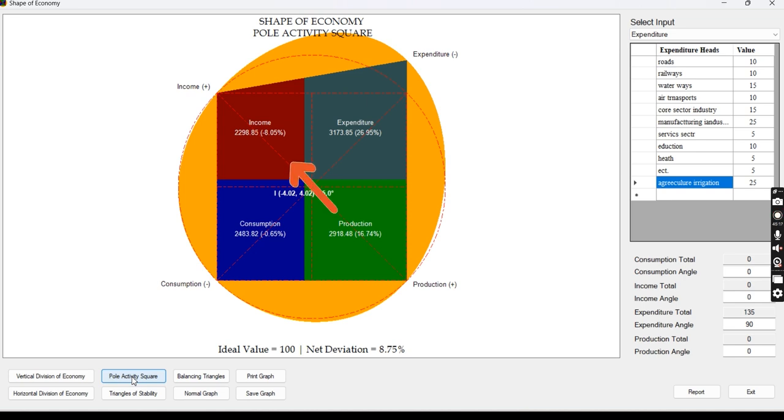The income is minus. This is because a vacuum has been created by the expenditure. If you increase the monetary value, it has to be converted in the economic pole of income as well.